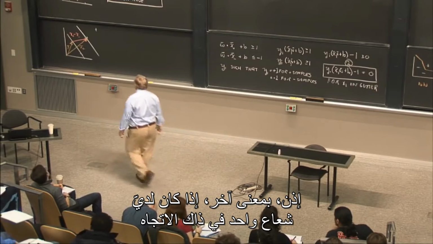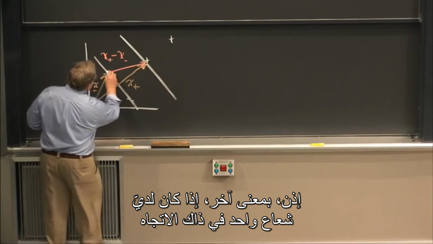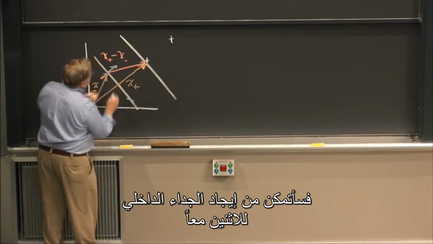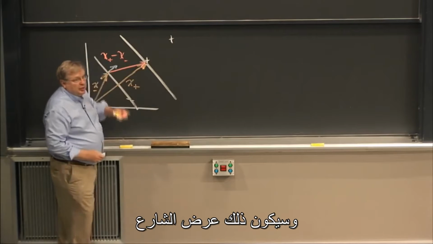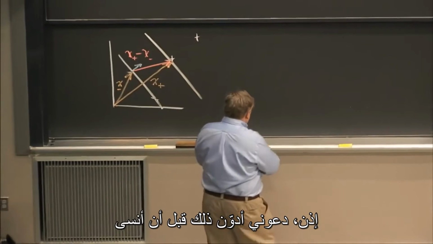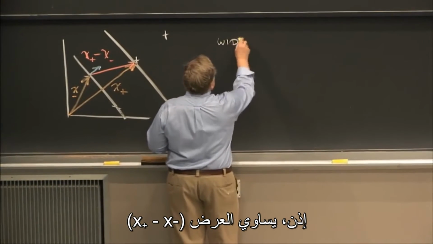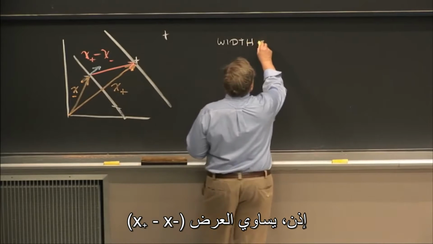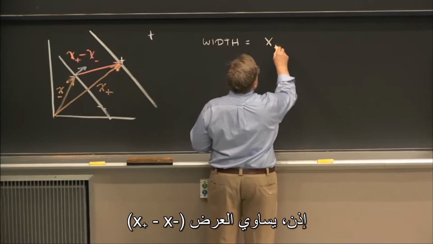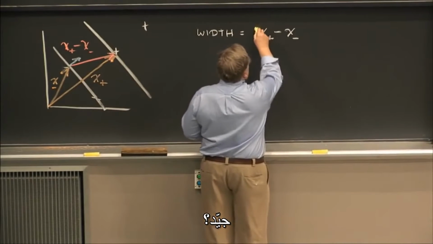So in other words, if I had a unit vector in that direction, I could just dot the two together, and that would be the width of the street. So let me write that down before I forget. So the width is equal to x plus minus x minus, okay?